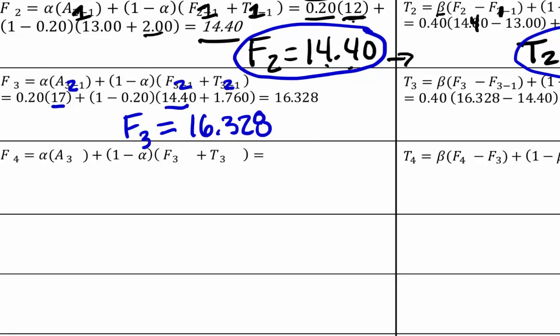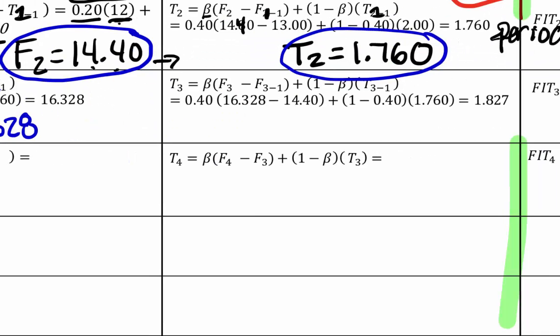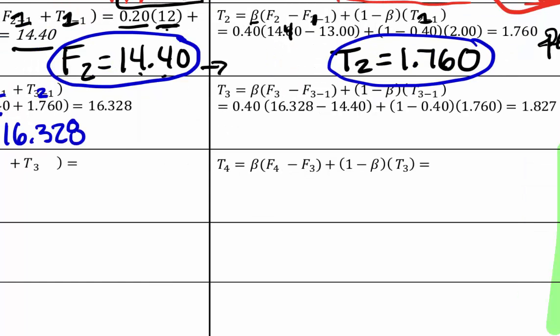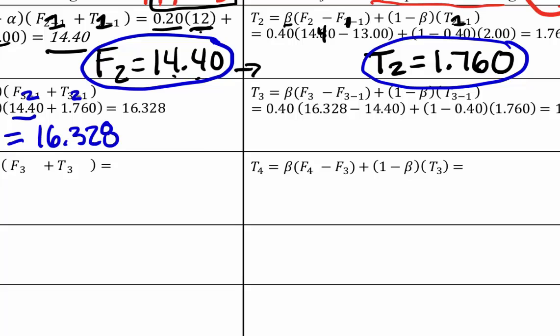And then we go over here to T, and we're going to do the same thing as we did before, right? We now have F of 3, which we just calculated. It's right here, right here. So we see that right there in the equation, minus the F of 2 that we did before, which is right there. 1 minus our beta, and then we multiply it times our T of 2. So that's right here.